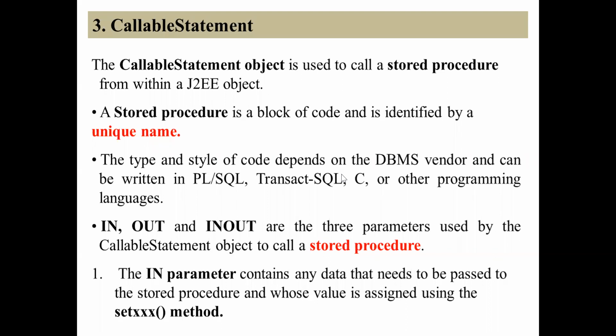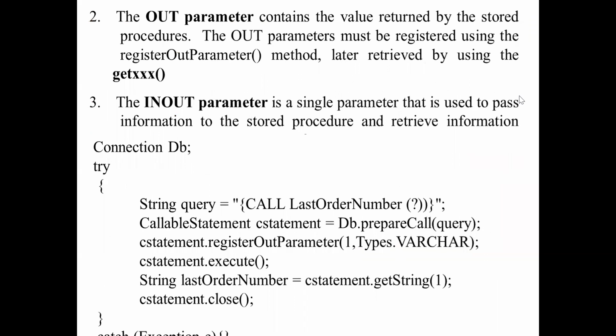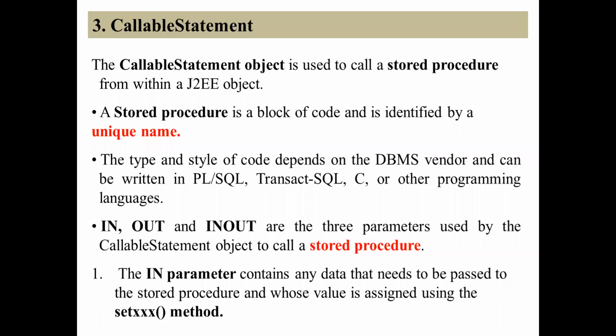The second one is the OUT parameter. What is an OUT parameter? It means we have to retrieve the values and display them on the monitor. The OUT parameter contains the value returned by the stored procedure. In the IN parameter we pass the value and assign it using the setXX method.